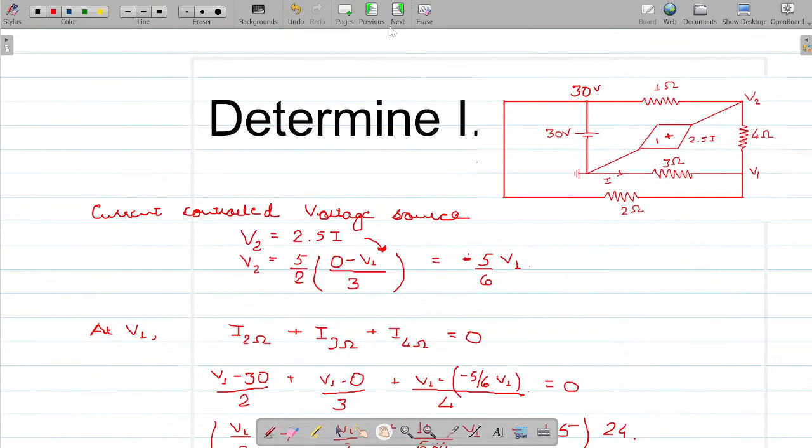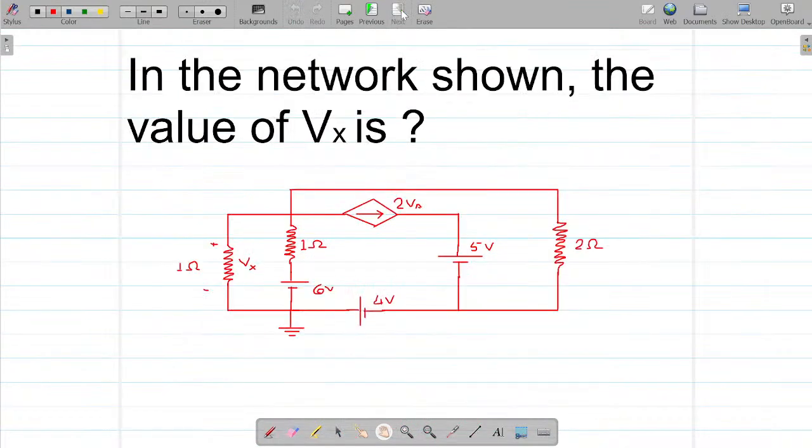Next, again we'll be taking a question based on a dependent source. Now this time, look carefully and tell me what kind of voltage source is given to you in the question. I'm sorry, this is not VA, this is Vx.